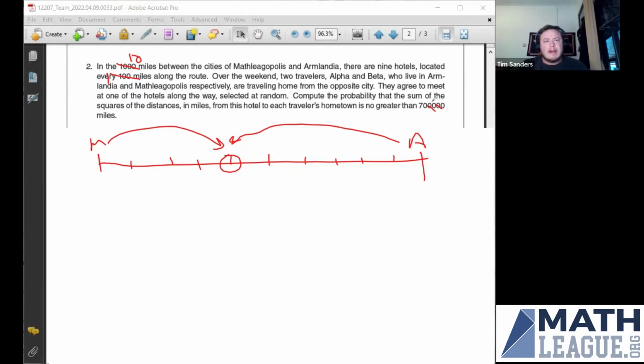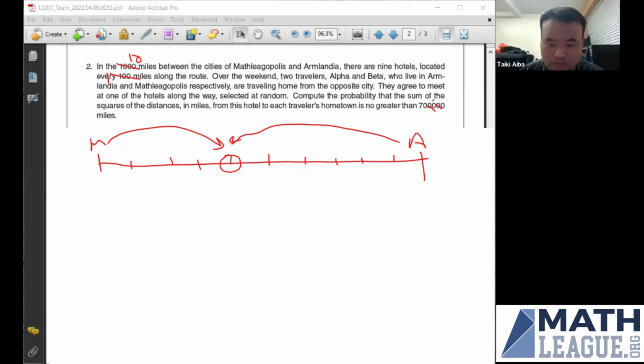Yeah, my initial impression is in the middle, you're going to have one extreme, and if we go to farthest left or right, that'll be the other extreme in terms of what the sum of the squares works out to be. So then we could just plug some numbers in.